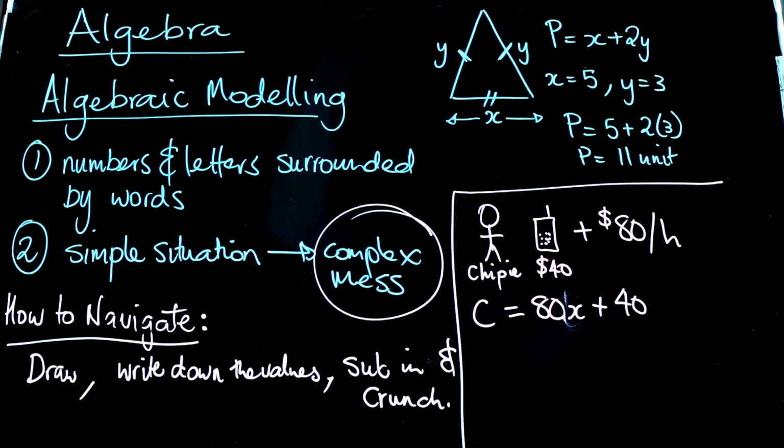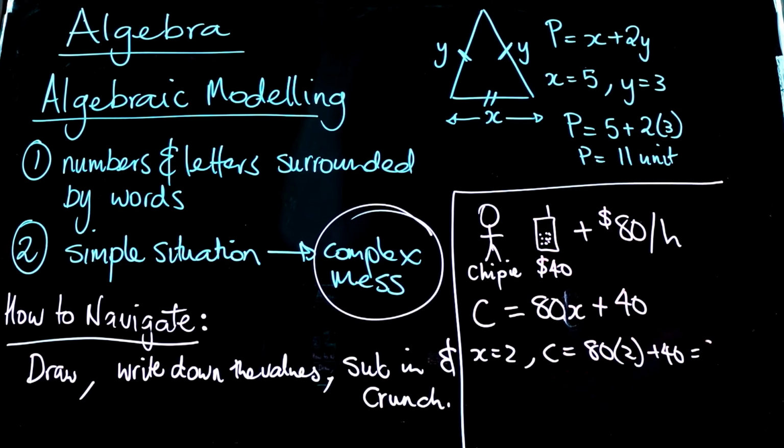And then they might say something like, well, this guy worked on a job for 2 hours. And we come in here and we work out the cost of that, 80 times 2 plus the 40. And we're looking at $160 plus 40 is $200 for that job.